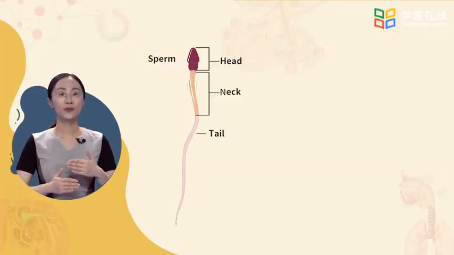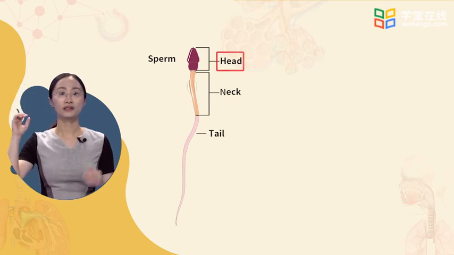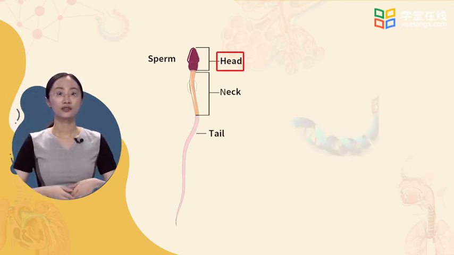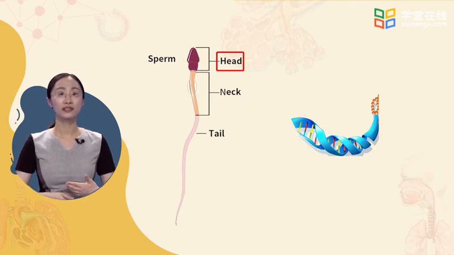How do the sperms, that is to say, products of this factory, look like? Sperm are made up of three parts with distinct functions. At the top is the head, which contains genetic materials and an enzyme-filled sac called the acrosome.